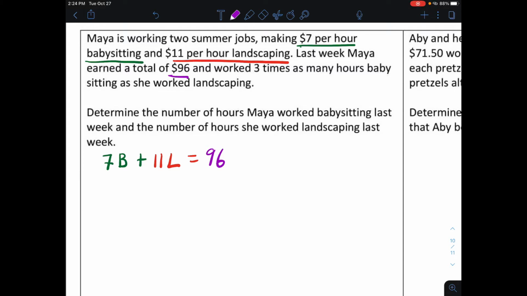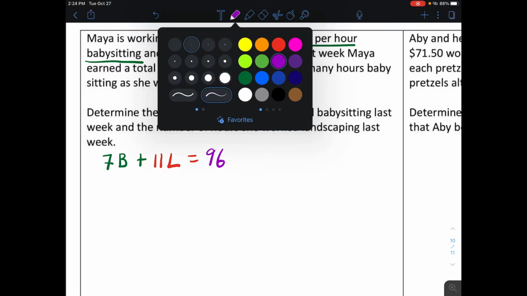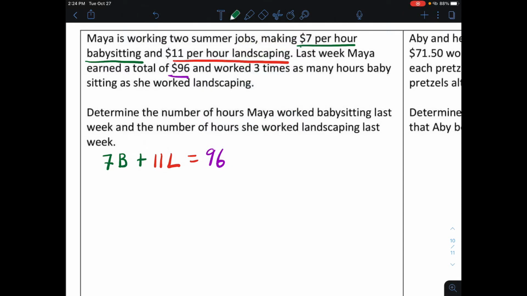They also tell us that Maya worked 3 times the number of hours babysitting as she did landscaping. So that means her babysitting hours is equal to 3 times the number of hours landscaping, 3 times L. So I have 2 expressions here that I want to solve.